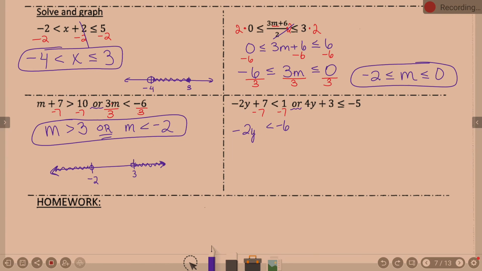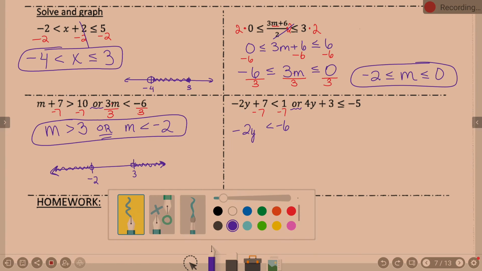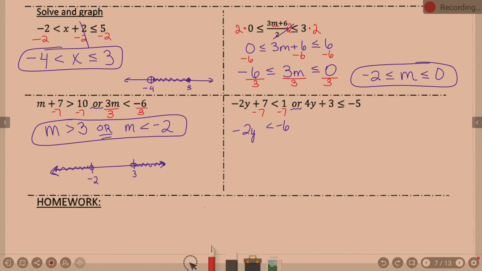If it's -2 times y, what's going to undo -2 times y? Divide. If we divide by -2 on the left, we divide on the right.